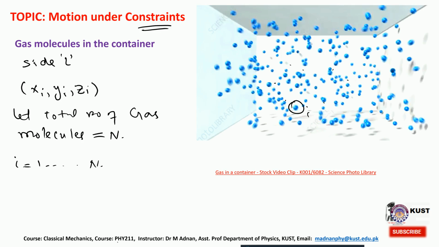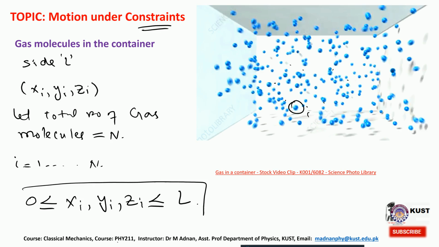So we have chosen just the ith particle. The equation of constraint will be that this xi, yi, and zi is bound inside the container.